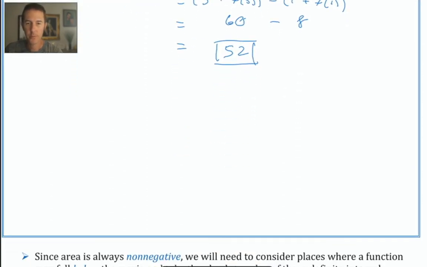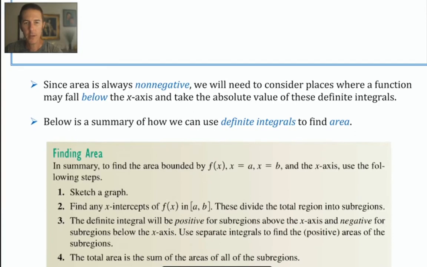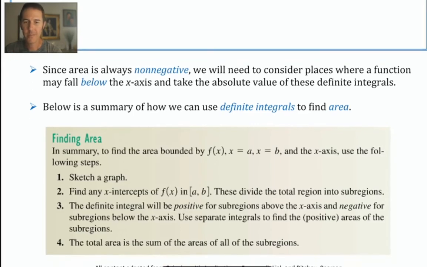What I really want to do, since area is always non-negative, so the analogy of running 4 miles out and 4 miles back and it looks like you didn't go anywhere, that's where I am now.